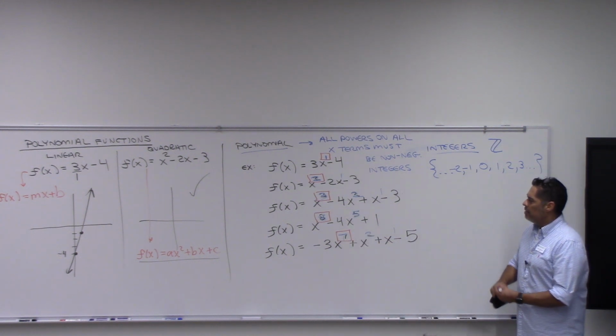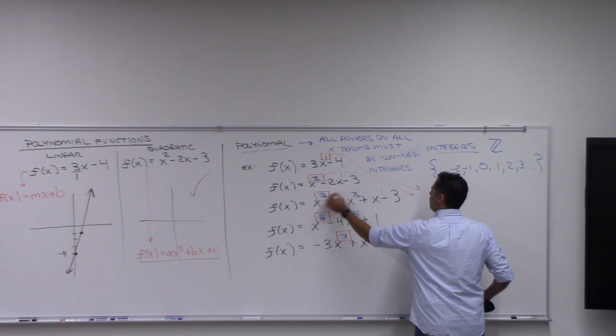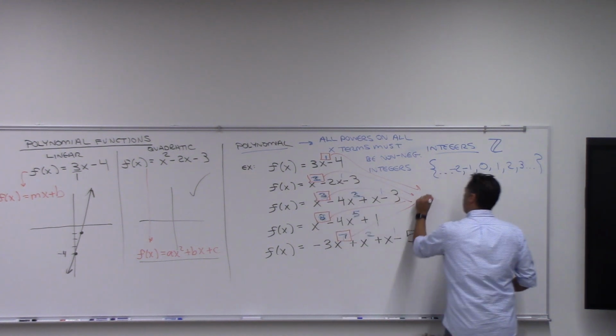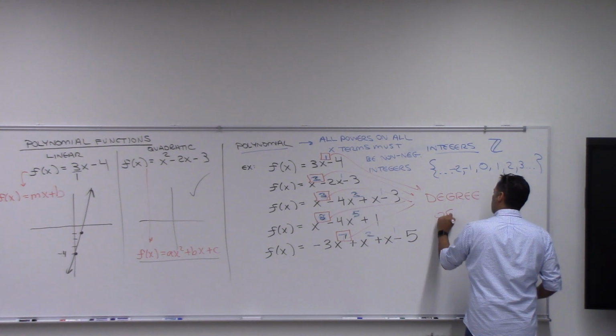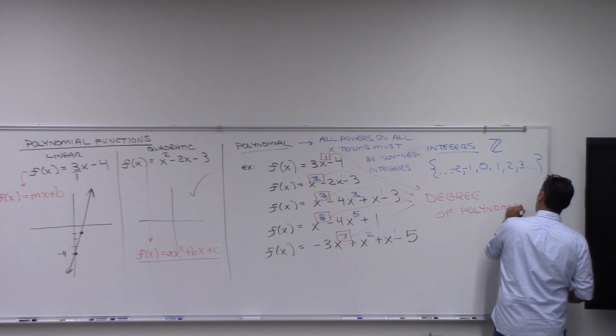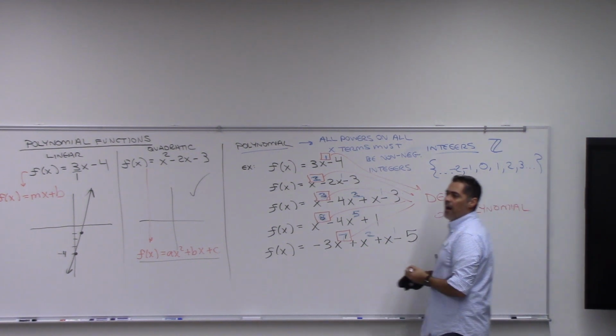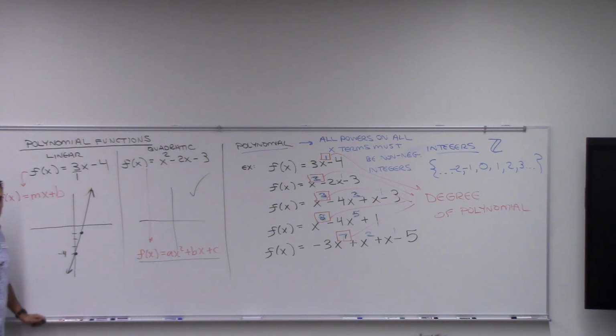This number right here is called the degree of the polynomial. It's the highest power of x that you see.